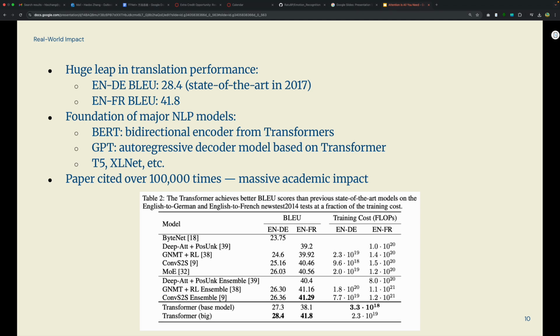Beyond performance benchmarks, the transformer architecture reshaped the entire NLP landscape. It brought a new era of pre-training, fine-tuning, and transfer learning that made powerful language models accessible and practical across industries. In short, the transformer was not just a better model, it became the new standard in AI.